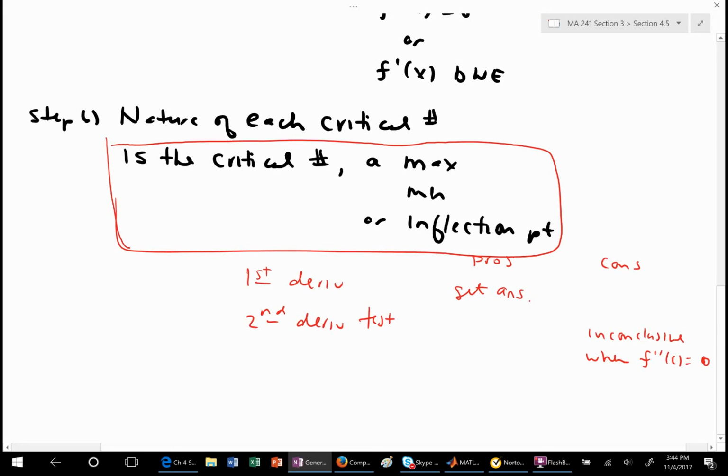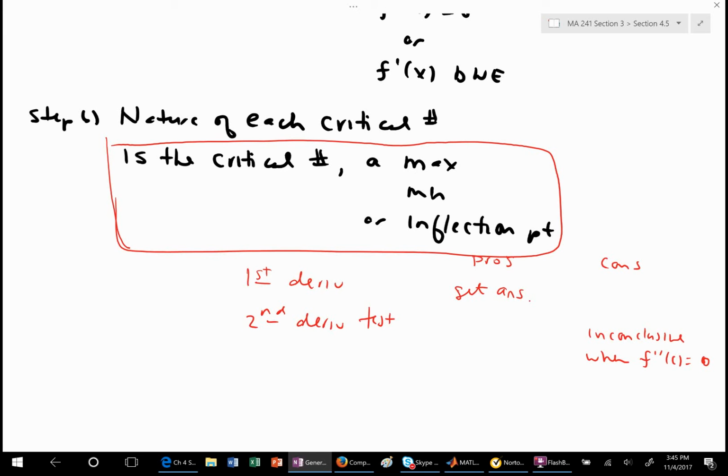The cons of the first derivative test are that it might be difficult to evaluate the function at the test point. However, when you take into account the fact that usually you only want the sign, generally that's not a big con, okay?